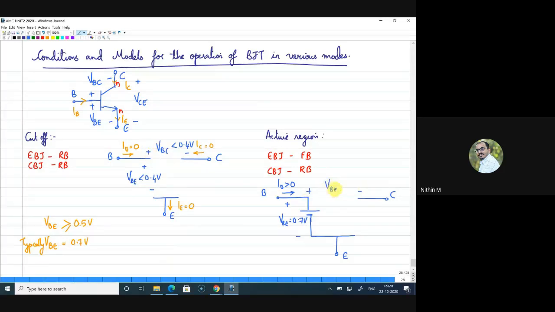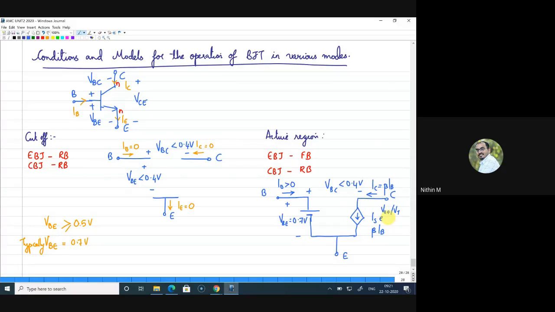Your VBC voltage is less than 0.4 volt, right? Since IB is positive, I can always expect an IC. The value of IC can be written as beta times IB, the DC current. So the current flowing here, which we wrote as IC equals IS into e to the power of VBE by VT, is the same as beta into IB, right?